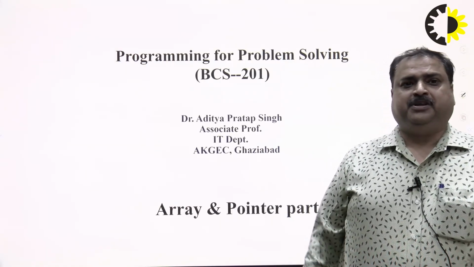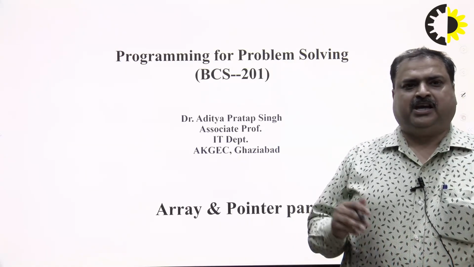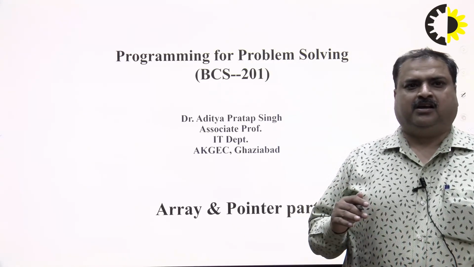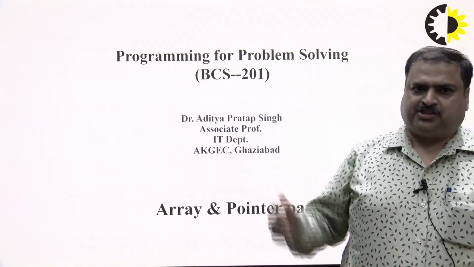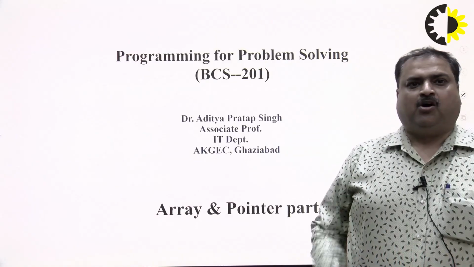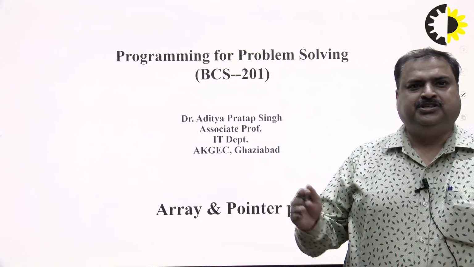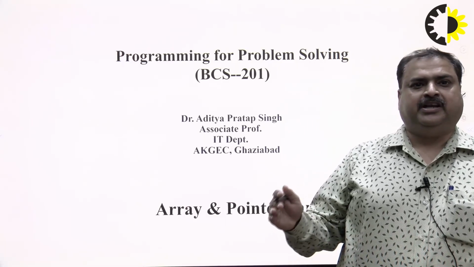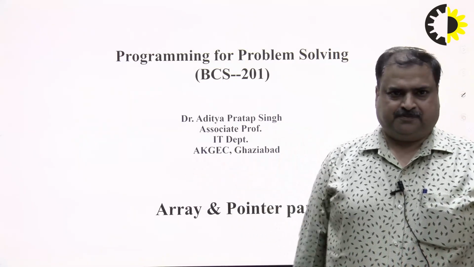So in the previous lectures we have covered the definition of array, like what array data structure is. An array is a data structure which has an ordered set of homogeneous collection of elements stored in contiguous memory allocation.